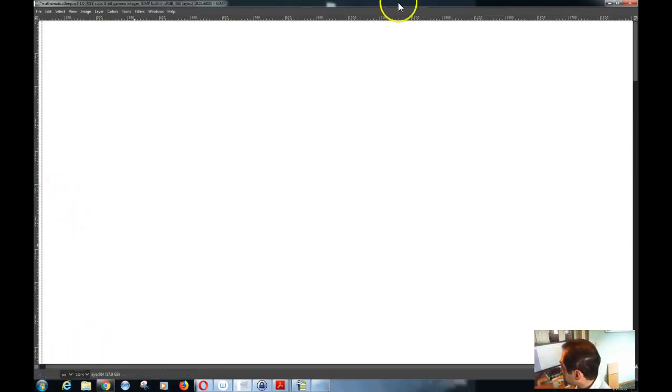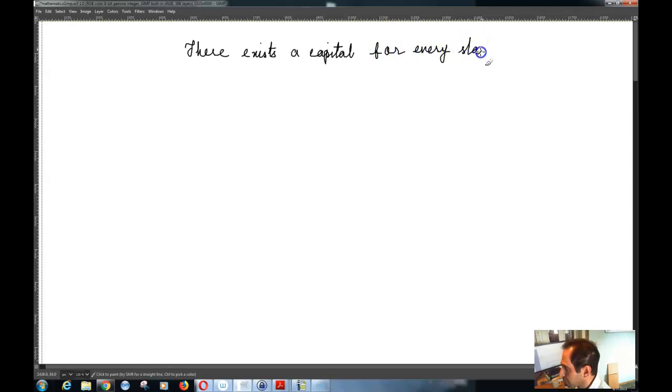Okay, so the third part of this question says there exists a capital for every state in India. So the quantifier here is "there exists".